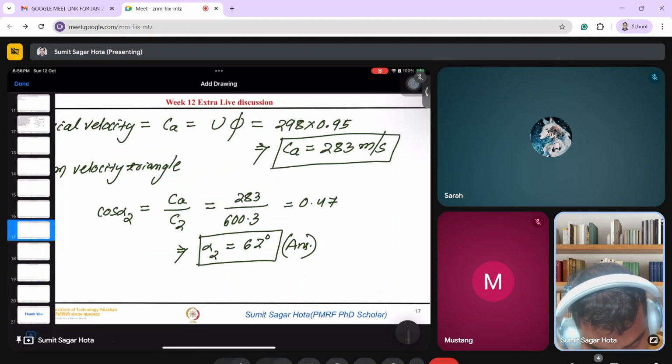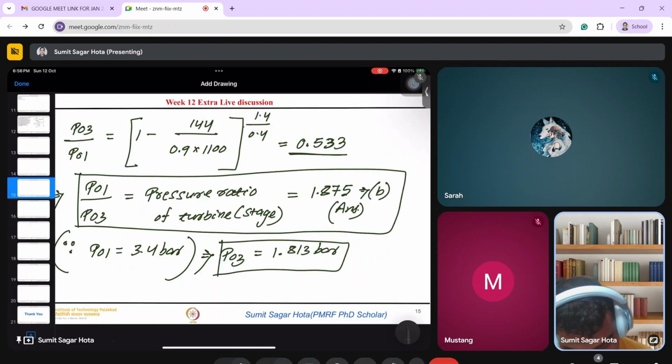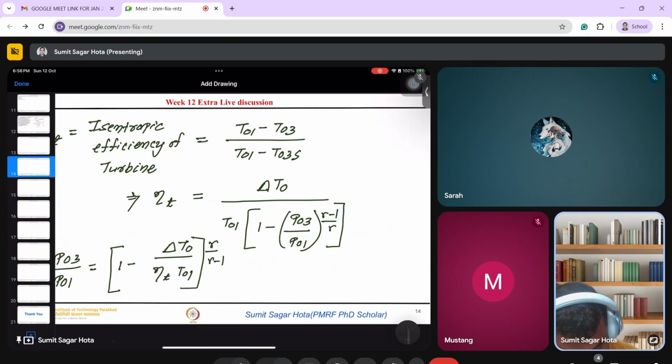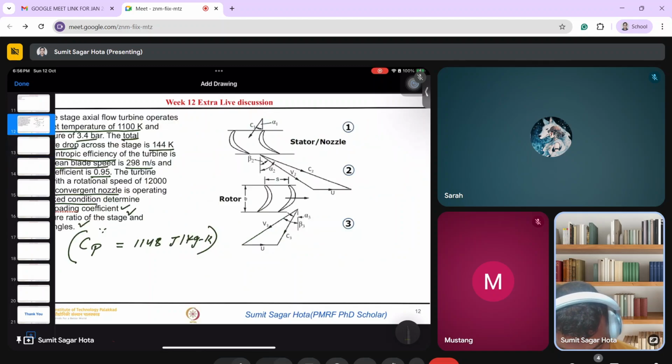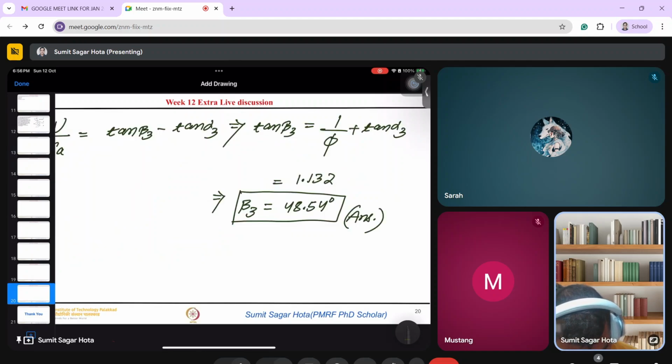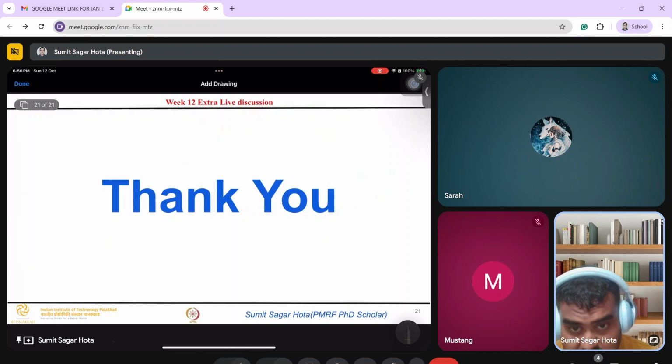All the angles we calculated. We also calculated the pressure ratio P01 by P03 and the blade loading coefficient. So with this we'll end the section.